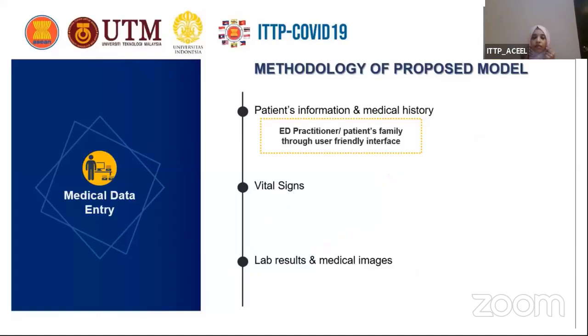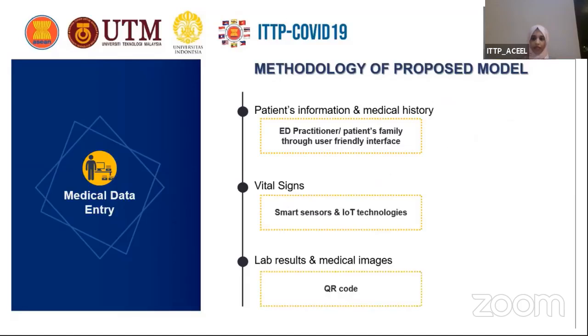Vital signs can be entered through smart sensors or any Internet of Things technologies. The lab results and medical image results can also be sent immediately to the cloud by taking advantage of the QR code.